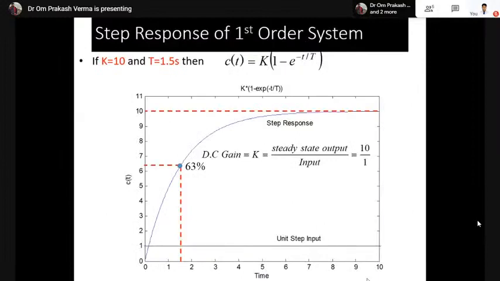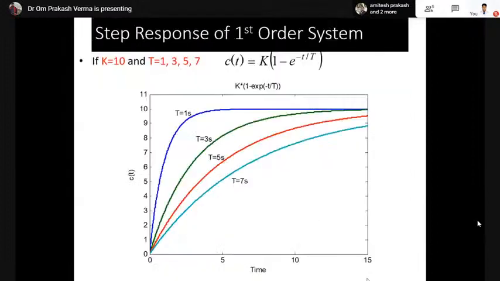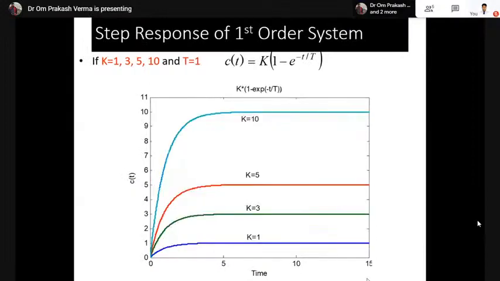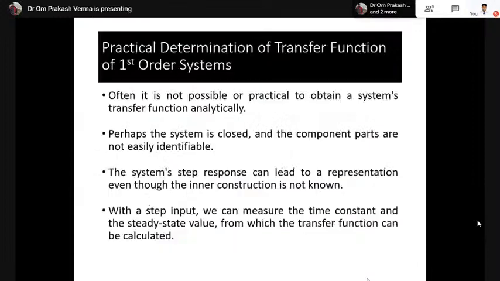And we defined the time constant and DC gain, and then we saw the effect of the time constant when it is increased or decreased. Similarly, we saw the effect of the DC gain when it is increased or decreased.